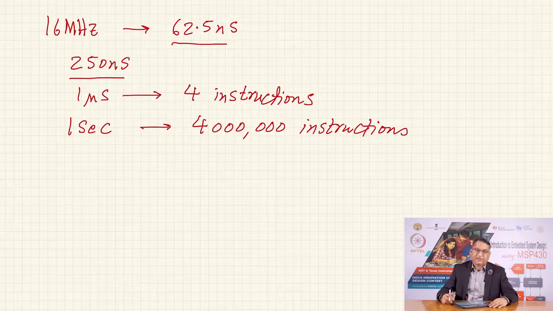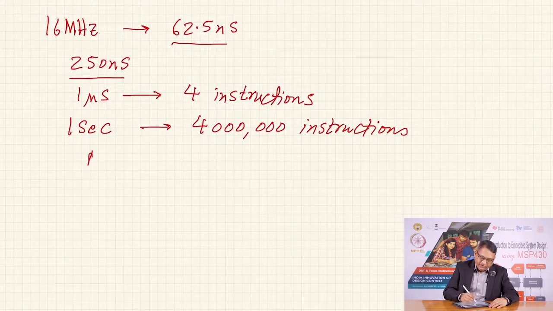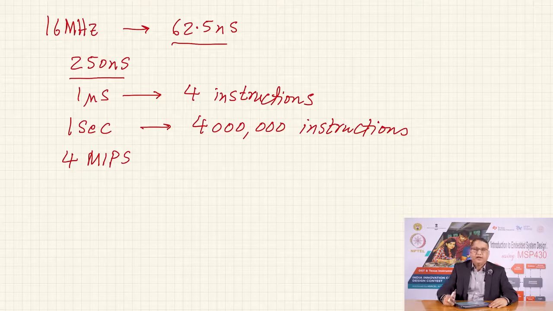It is often expressed like this: for a reference program, where we have assumed that each instruction will take 4 clock cycles, this MSP 430 microcontroller can perform 4 MIPS. That is, it can execute a program at the rate of 4 million instructions per second. Now, that is a large number.